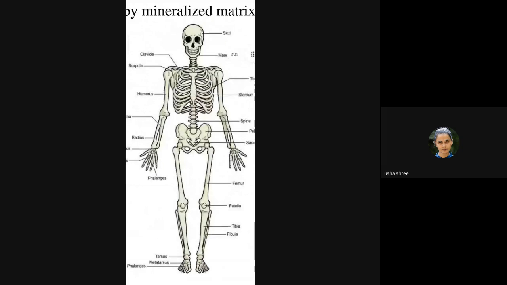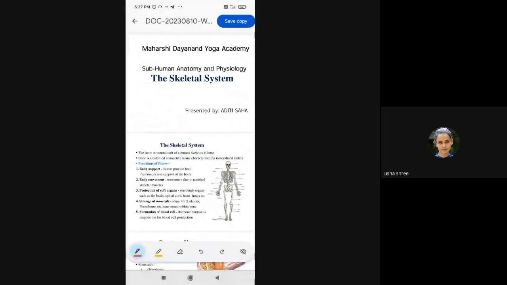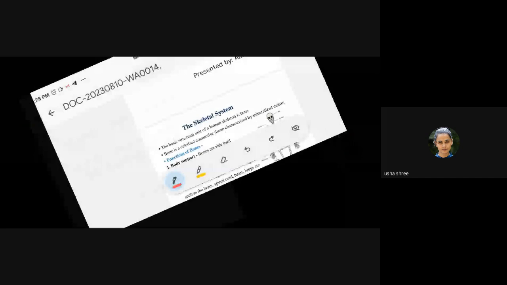This is a human skeleton, and our midline is like, sorry, it's not going to the middle. I'm very sorry. Ma'am, can you just rotate the screen so that it's a little clearer? Okay.